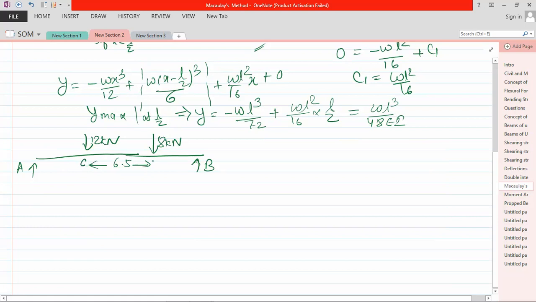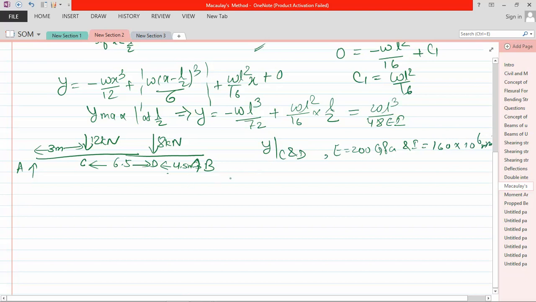This is point C, this is point D, this is 3 meter, and this is 4.5 meter. Now you need to obtain the deflection y at C and D, given E is equal to 200 gigapascal and I is equal to 160 into 10 raised to power 6 mm to power 4.